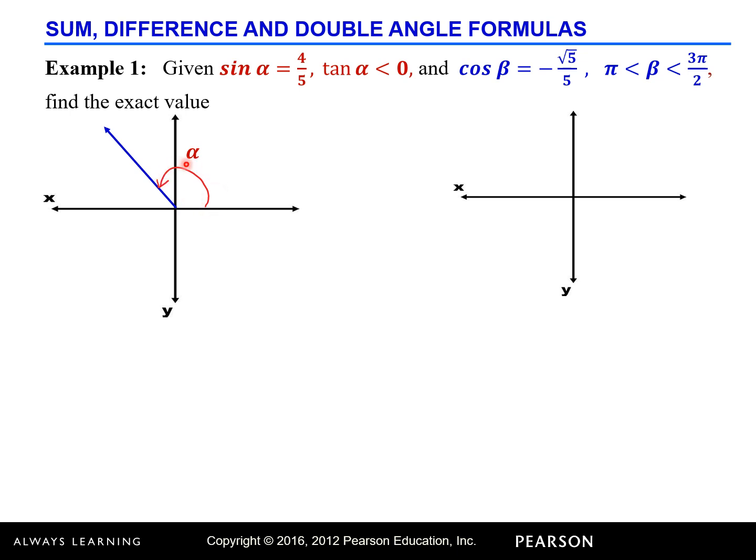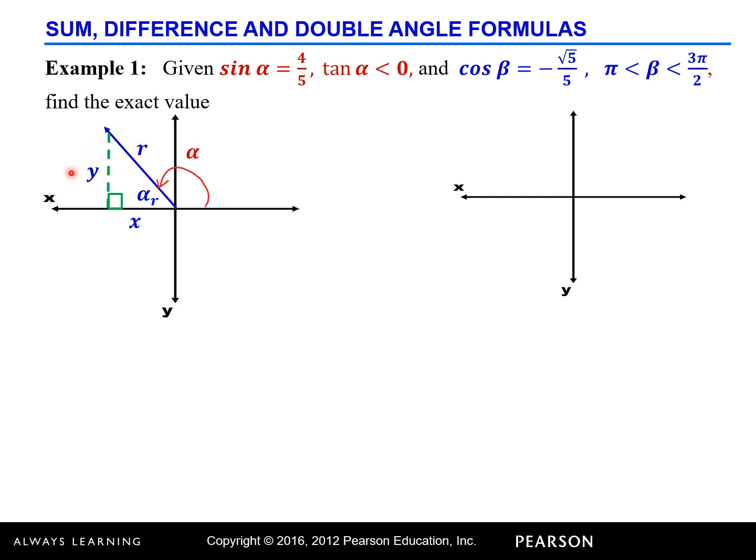Since alpha is not an acute angle, we have to define the reference angle, which is this. This is alpha sub r, and let us create a right triangle from there. Then the opposite of this alpha sub r, or reference angle of alpha, is y, the adjacent is x, and the hypotenuse is r.